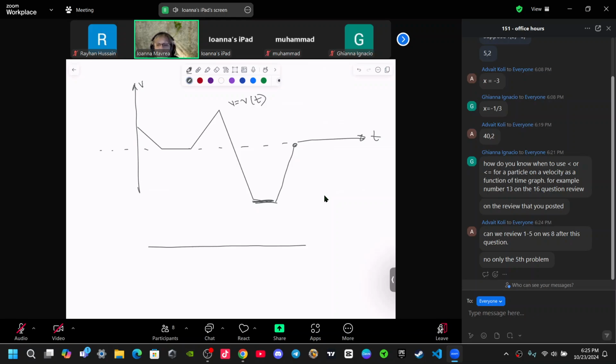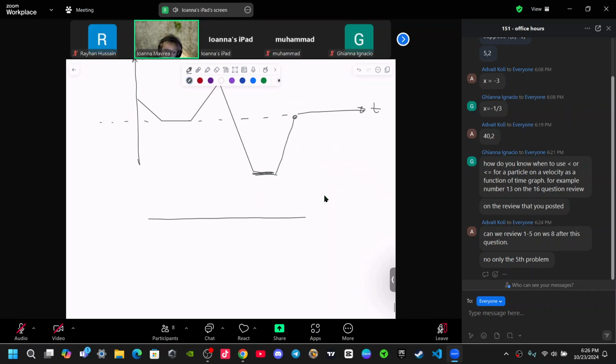So that means if somebody tells you they're moving with a velocity of -12, they're not moving to the right. You're moving to the right if the velocity is positive, and you're moving to the left if the velocity is negative.